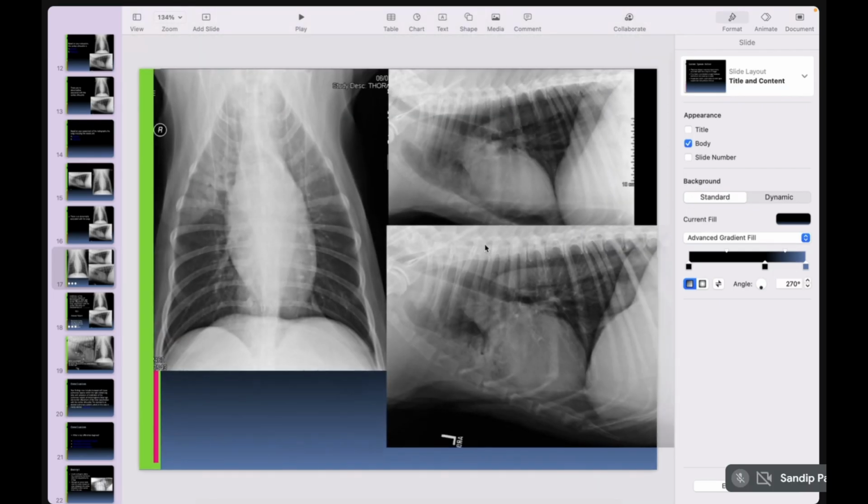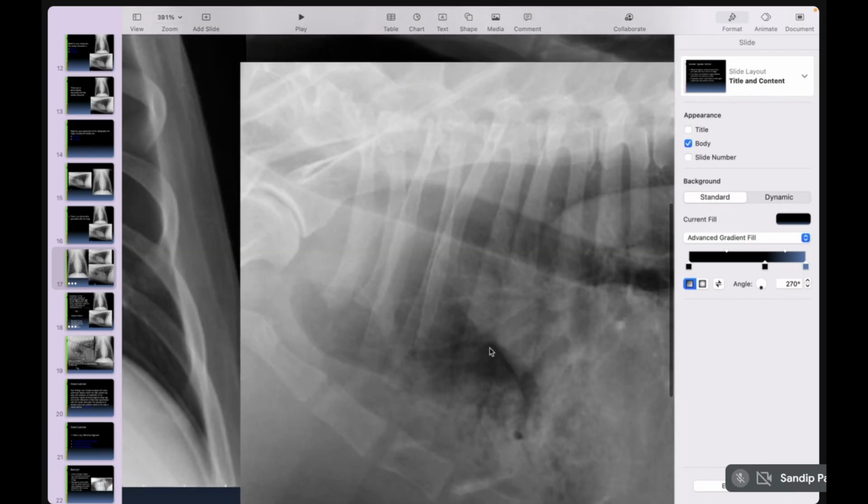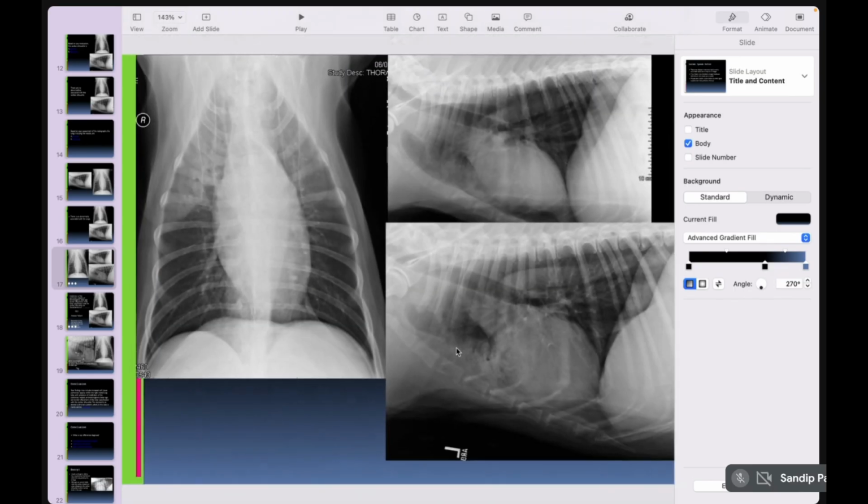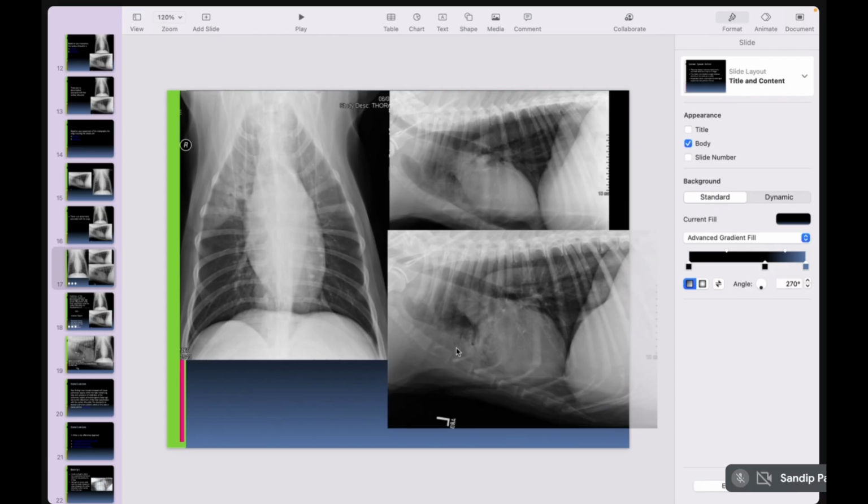One is here, and even here you can see. So what is this black branching? We discussed. This is called air bronchogram. And right here we have seen, it's like a collapsed lung lobe.